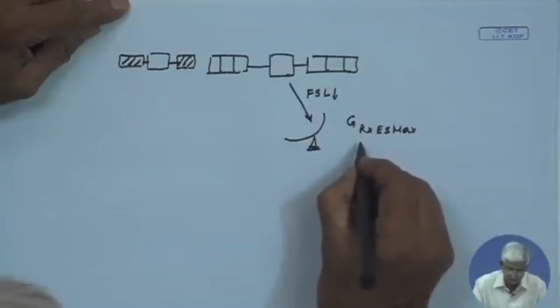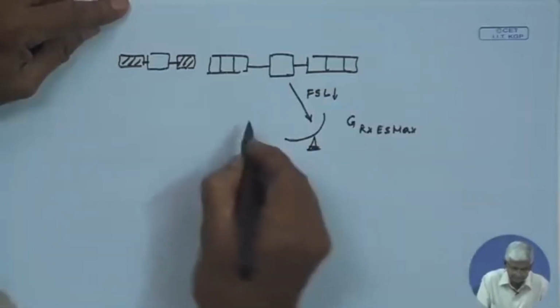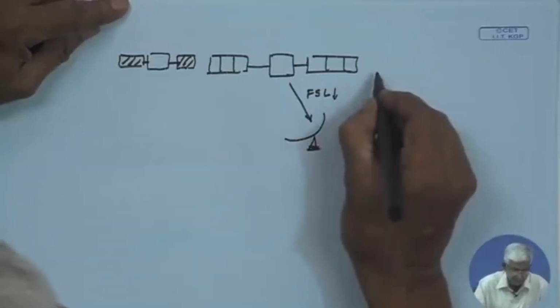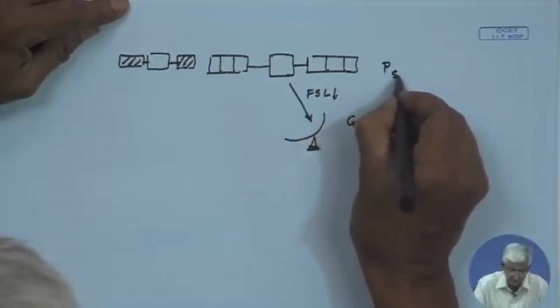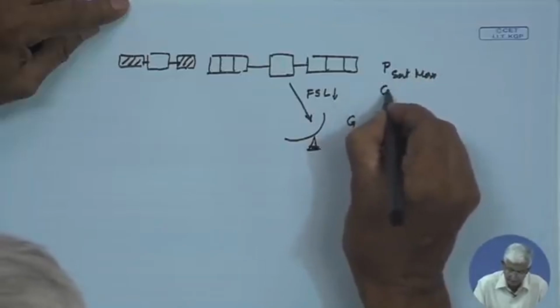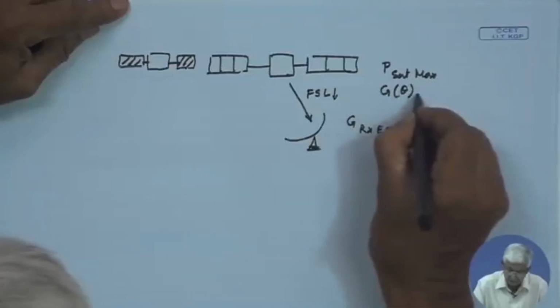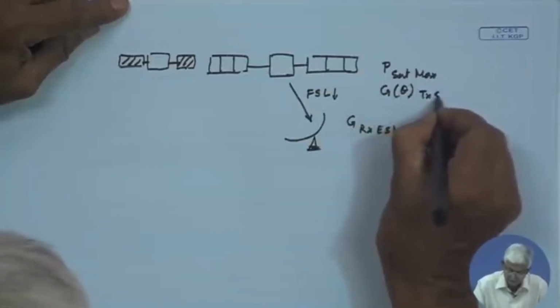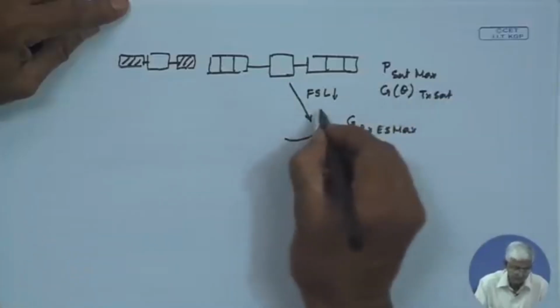So, it is properly pointed, but from this satellite you have P satellite max and G theta transmit satellite, it may be theta angle away.